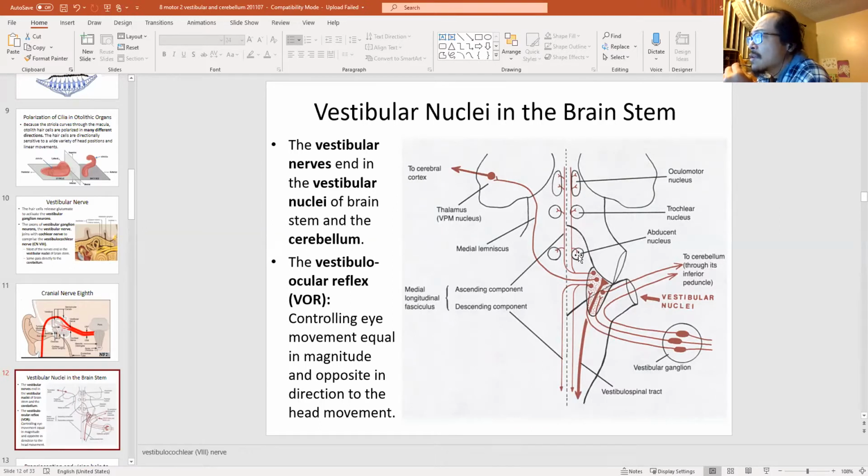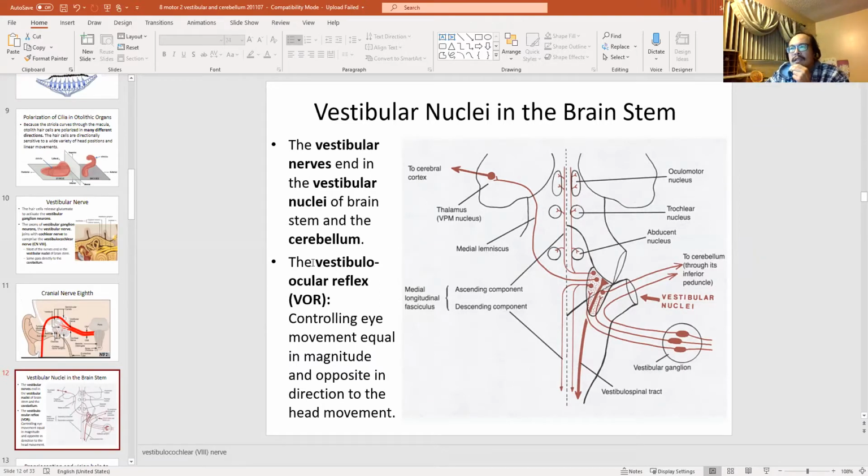The major ones right here include the abducens nucleus, the trochlear nucleus, and the oculomotor nucleus. The most important among these three is the oculomotor nucleus, because this is the one that conducts the vestibulo-ocular reflex. It controls eye movement, basically.